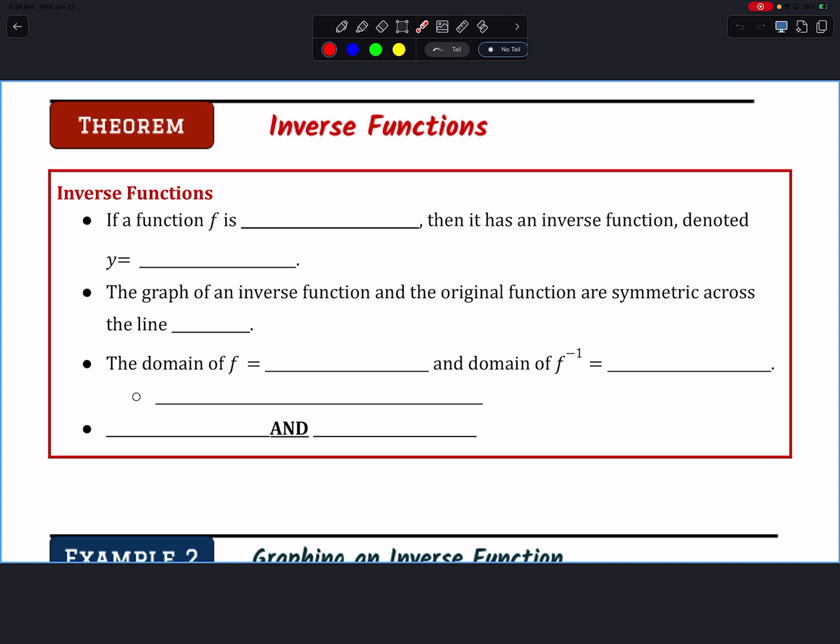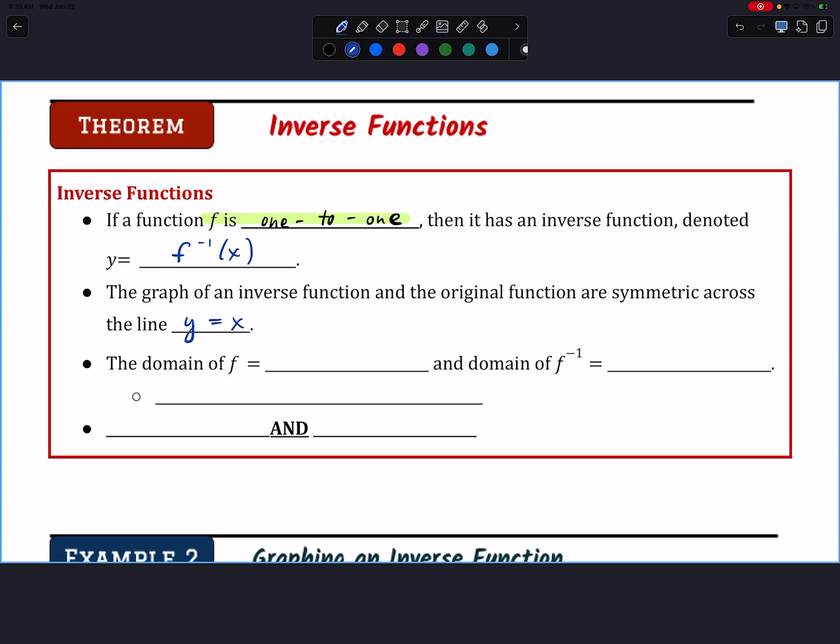Okay, so for inverse functions, yesterday we were reminded of what the idea was and what it meant for a function to be one-to-one. So if a function f is one-to-one, then it has an inverse function denoted y is equal to f inverse of x. The graph of an inverse function and the original function are symmetric across the line y is equal to x. This is an important property because this means a couple things.